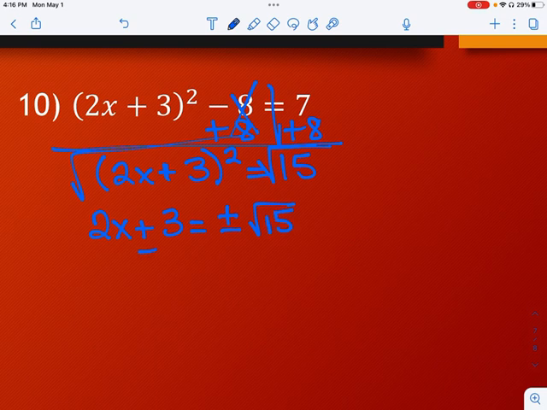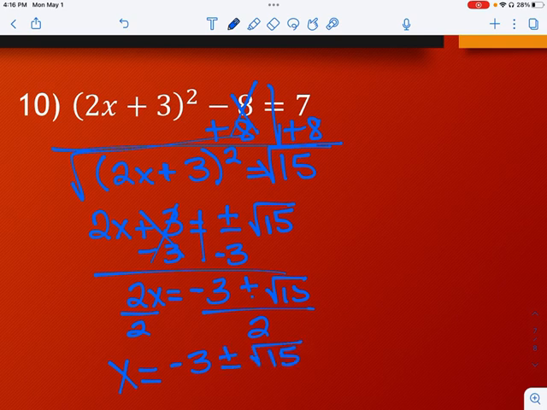Then I'm going to subtract 3 from both sides. So that would get me 2x is equal to -3 plus or minus the square root of 15. And then I'm going to divide everything by 2. So my exact answer would be -3 plus or minus the square root of 15, all over 2.